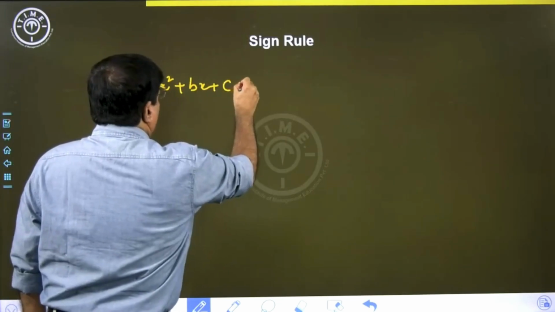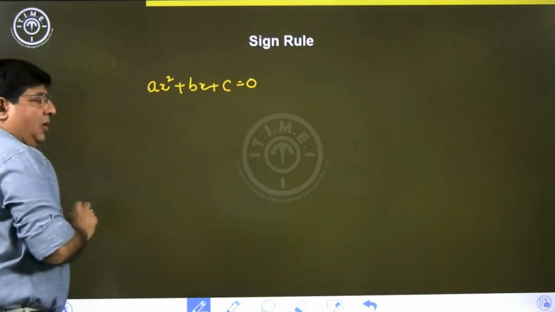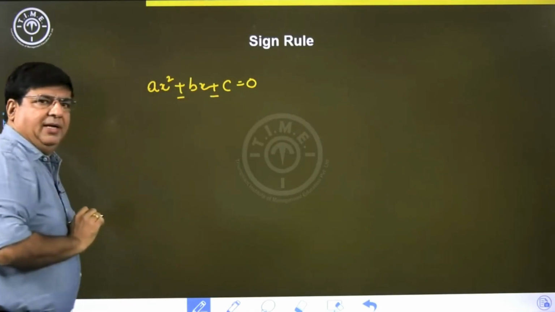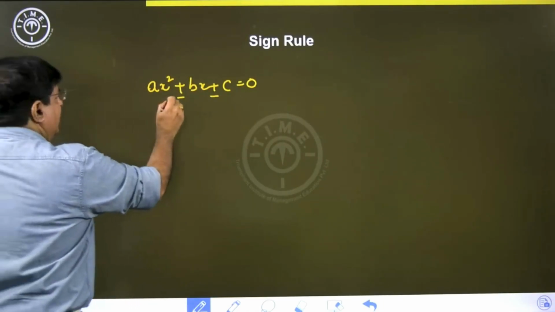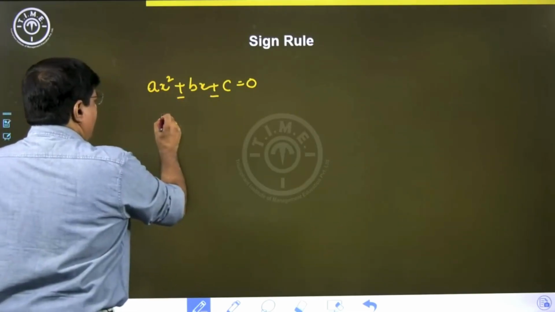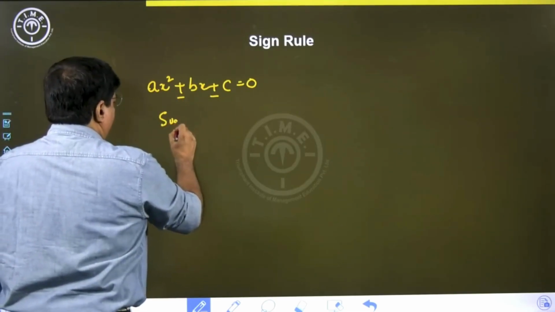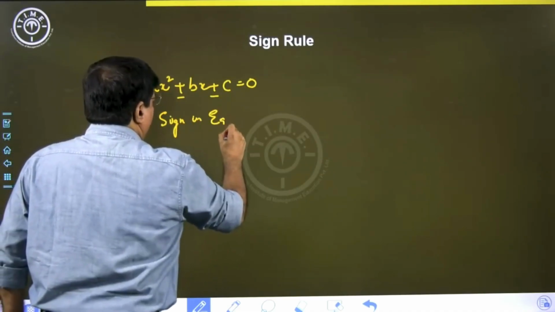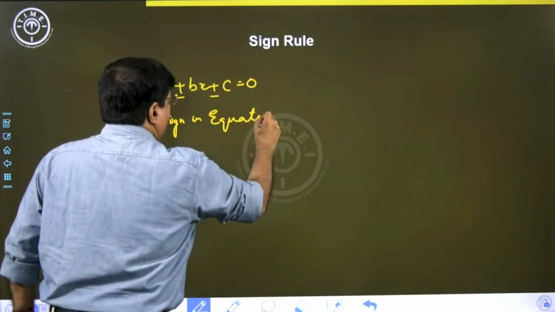ax square plus bx plus c equal to 0. Here you can have plus or minus, here you can have plus or minus. These I will call as the sign in equation.